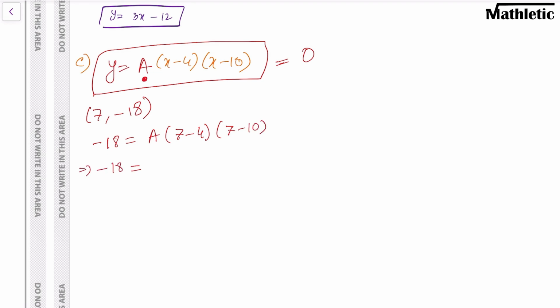So minus 18 equals a into 3, minus 3. So from here you get a equals 2. So the equation is 2, x minus 4, x minus 10.